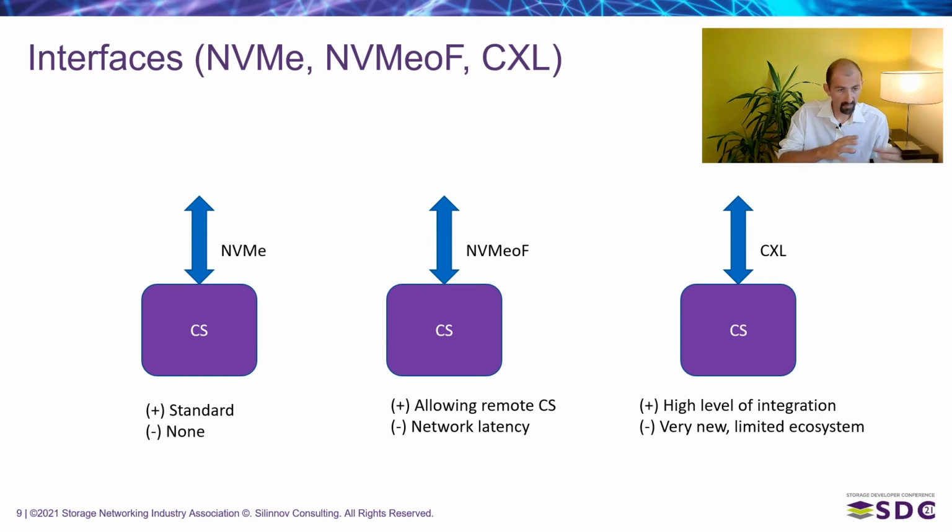And the third one, CXL, or any other new interconnect with cache coherency. It is definitely the highest level of integration. In addition to reduced data movement between compute and storage, you also have a direct access between the host CPU and the CS device.